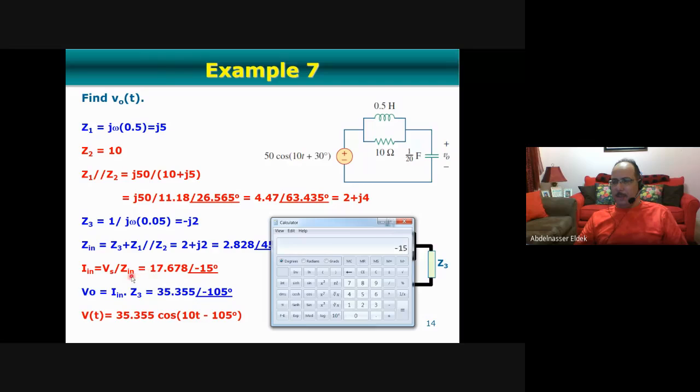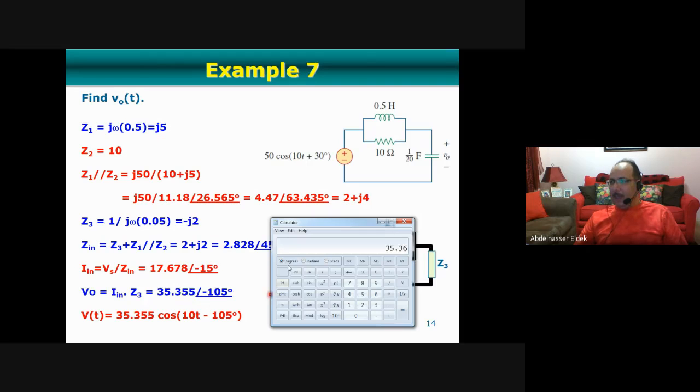So Io is this Iin multiplied by Z3. Let us do that. Multiply the amplitudes: 17.678 multiplied by the amplitude here, which is 2. So this will be 35.36. Why is it 35.355? Anyway, it's very close.